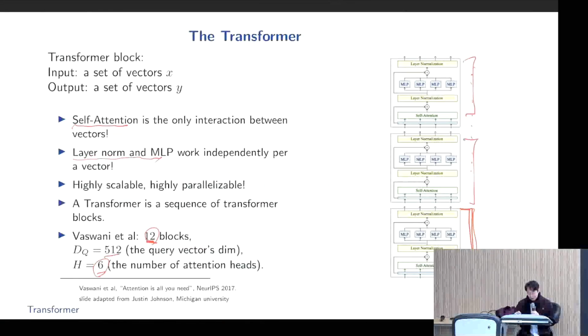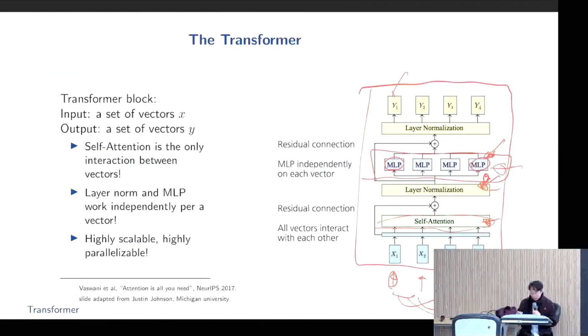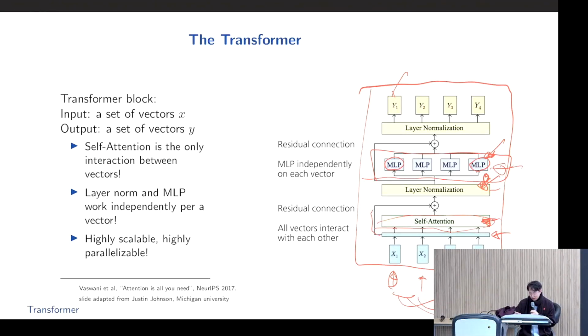Let's look at the picture again. Upon receiving the input X, you might have some embedding matrix here, and you compute the self-attention, and you add the original X to the self-attention output.